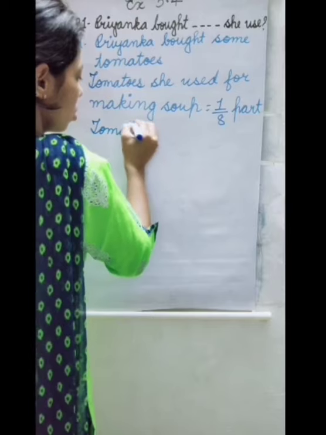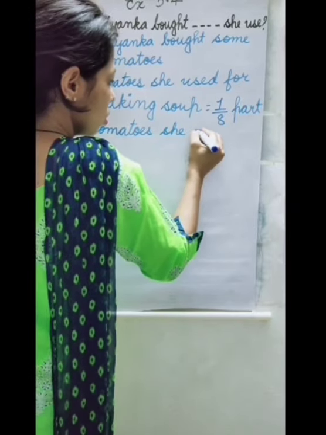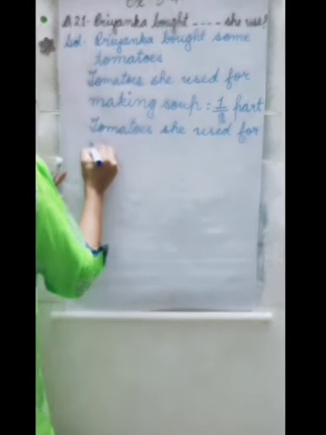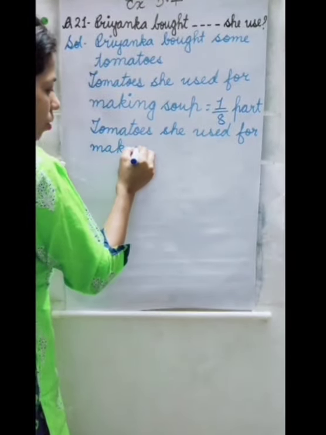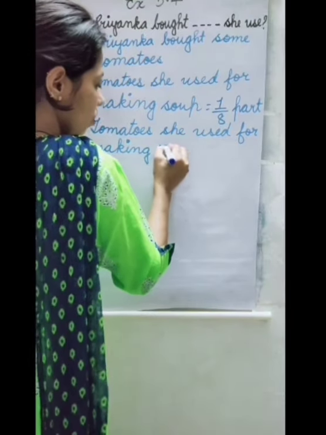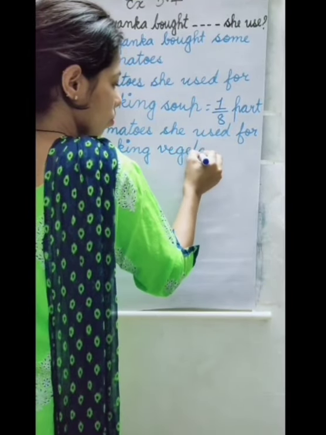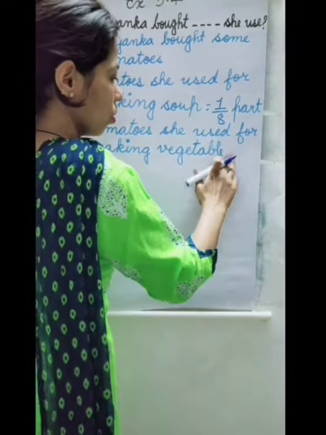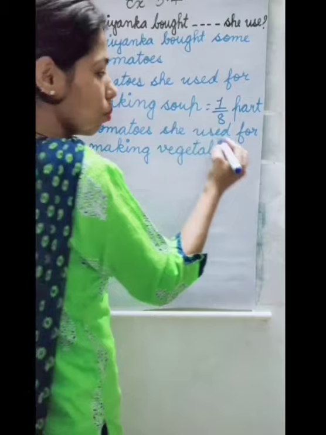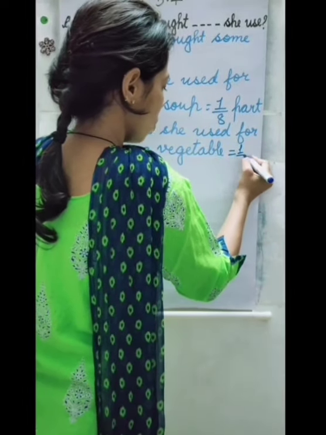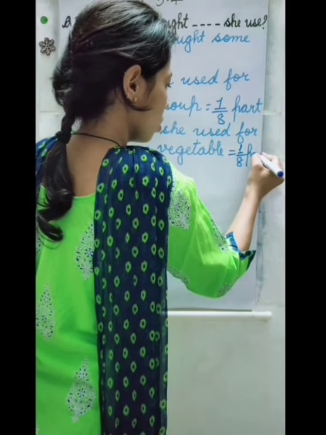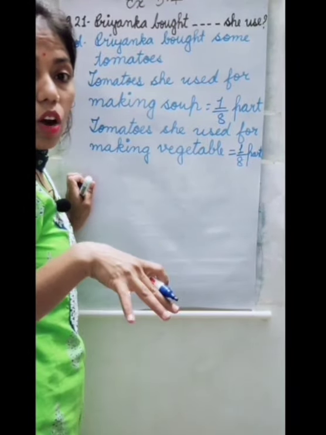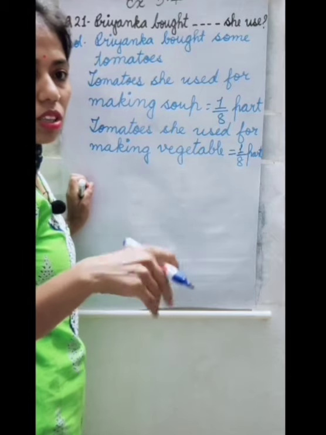Tomatoes she used for making vegetable, only vegetable, not vegetables, is 1/6 part. Now we have to find out what part of the tomatoes she used.